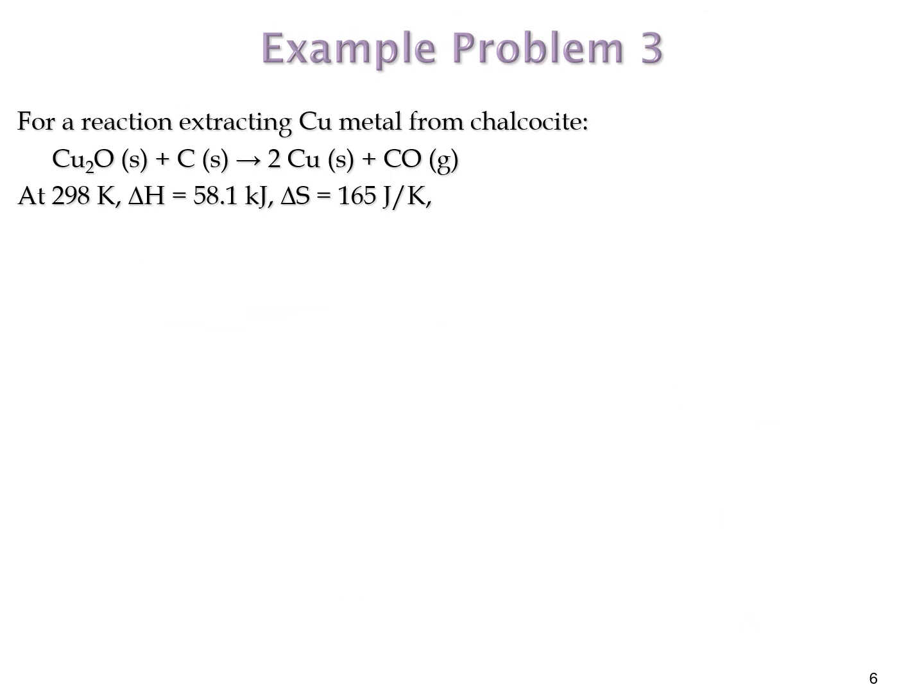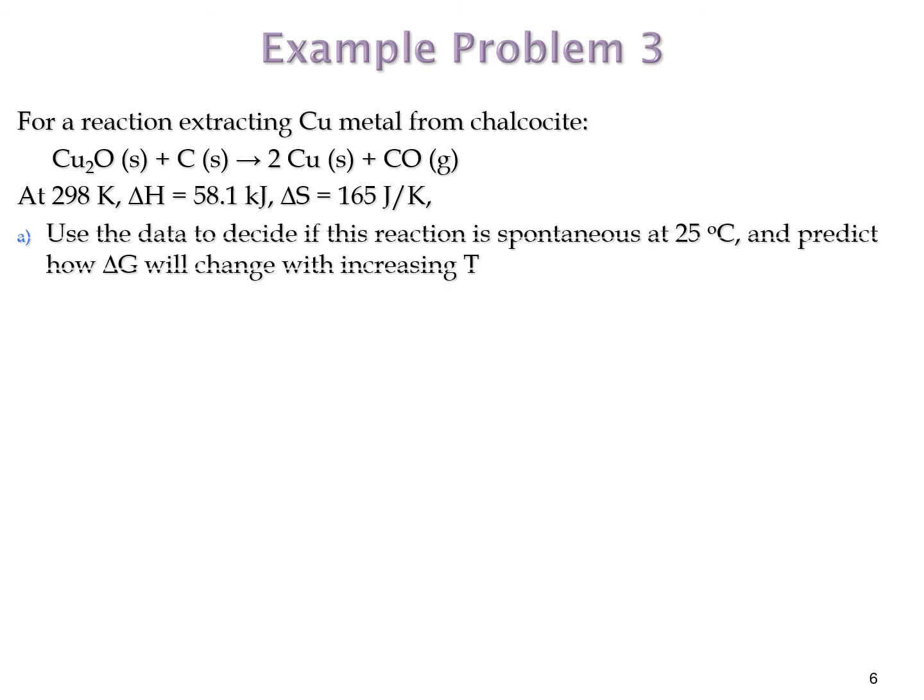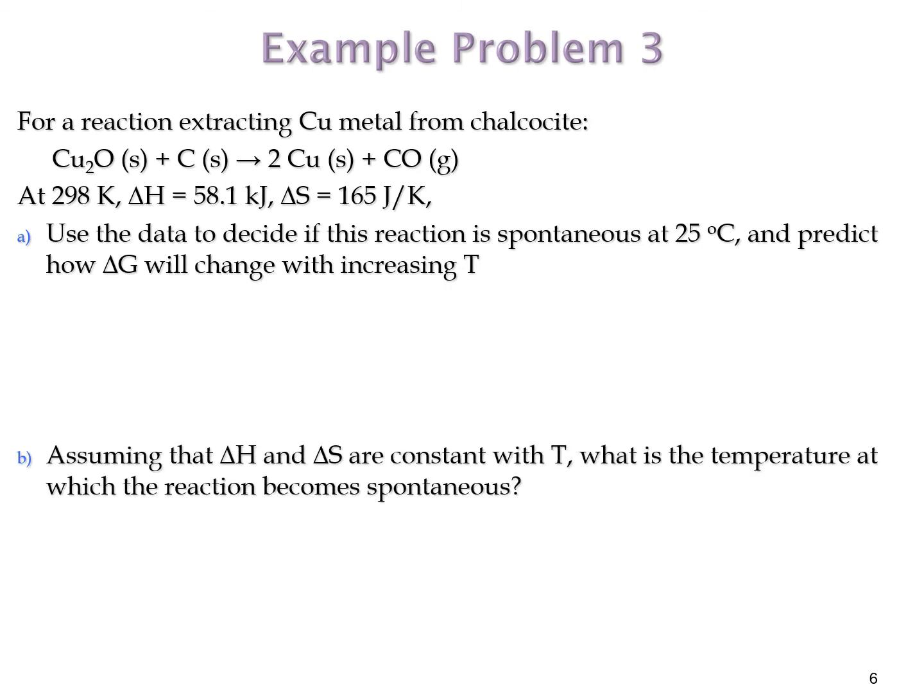All right, now let's take a look at an example. We've got this reaction, copper(I) oxide reacting with carbon so that we can have pure copper out. At 298 Kelvin, which is 25 degrees Celsius, delta H is equal to 58.1 kilojoules. Delta S is equal to 165 joules per Kelvin. Two questions.